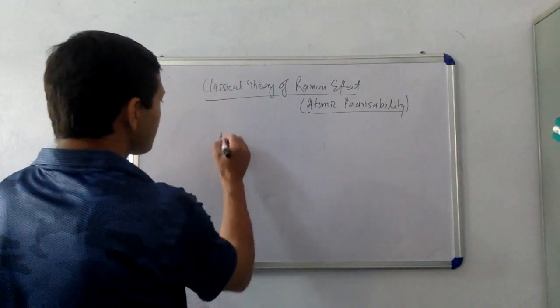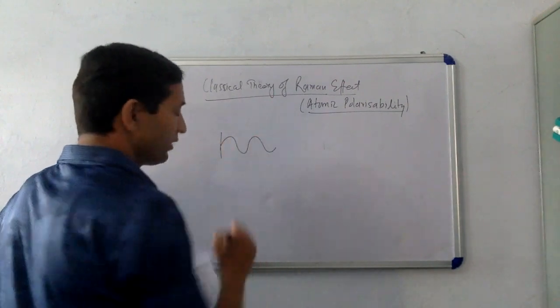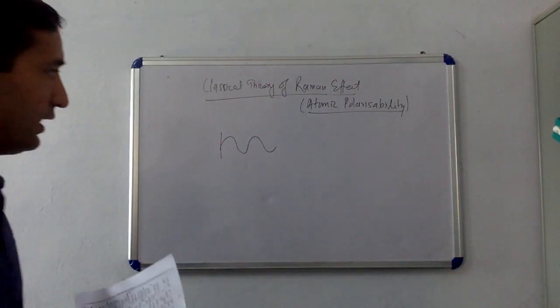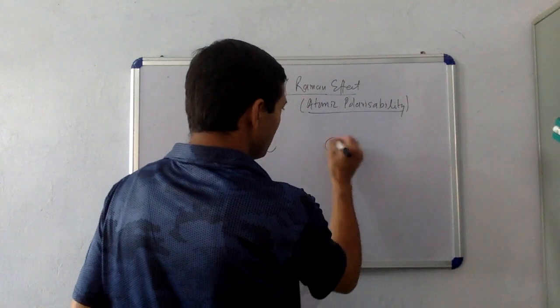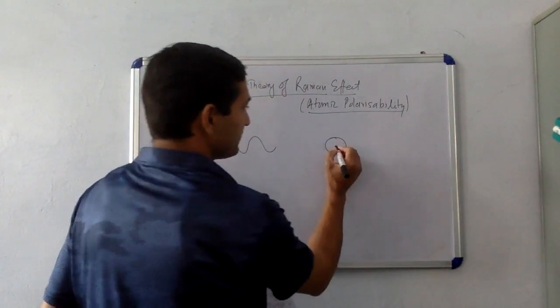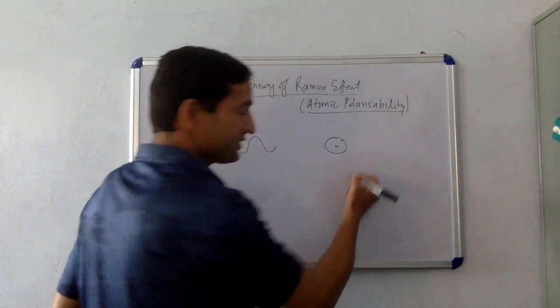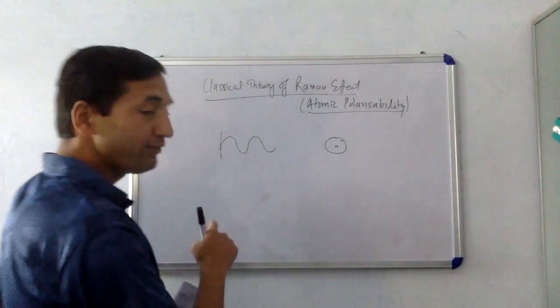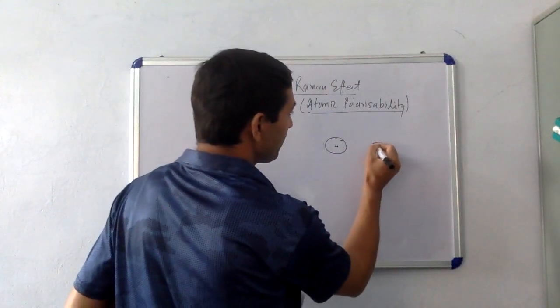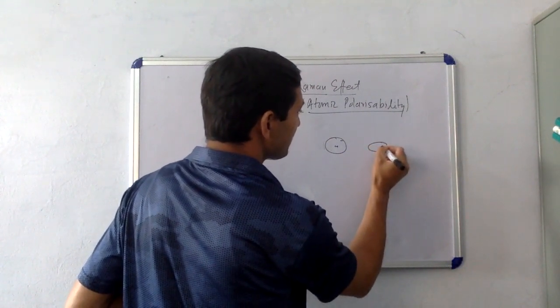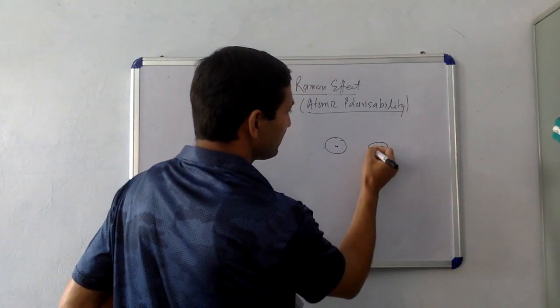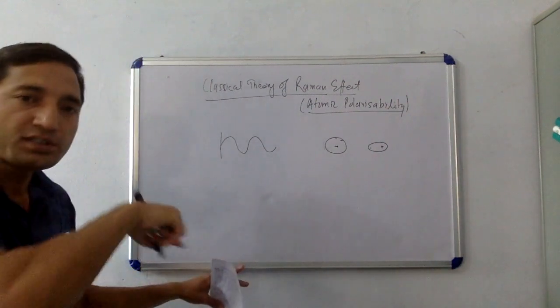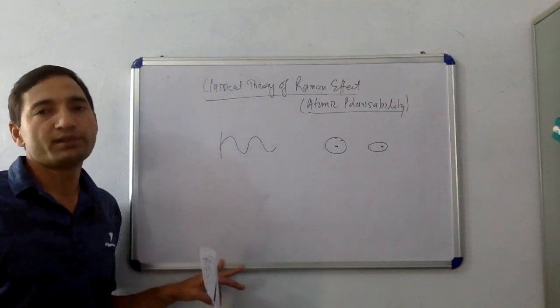Simply, once you have a strong electric field, the intense light, then in a molecule you have a positive charge at the nucleus and a negative charge around it. The positive charge shifts to one side and the negative charge to the other side, so the dipole moment of the molecule is induced.